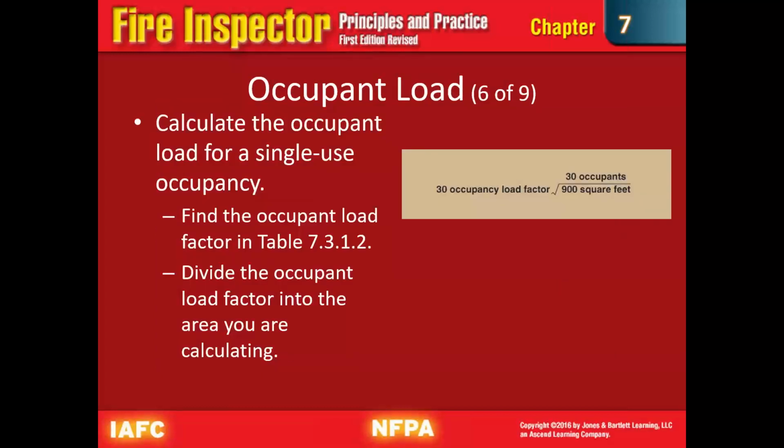All right, so here's the calculation of the occupant load for a single use occupancy. You find the occupant load factor on the table 7.3. Divide the occupant load factor into the area that you're calculating. Say, as it's listed there, you have a 30 occupant load factor. Let me pull it up in my book here.